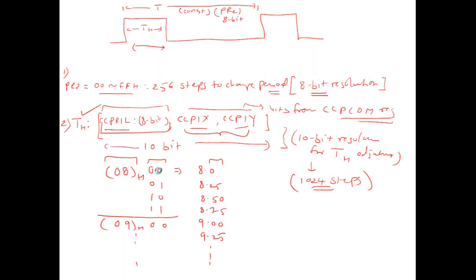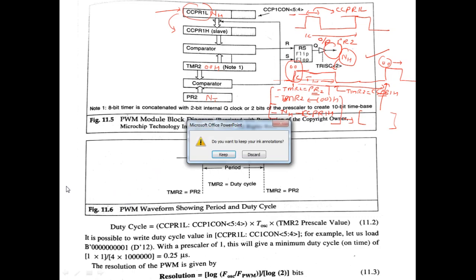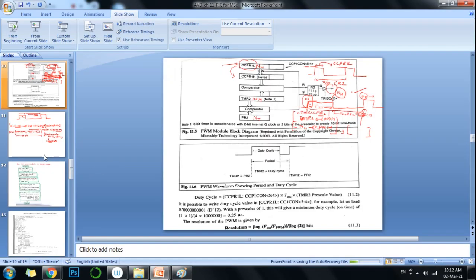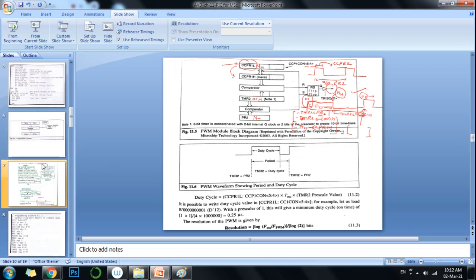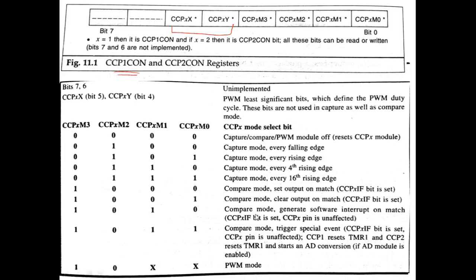We have seen the CCP control register. Here, for PWM mode of operation, only one combination is possible, and that is this one.